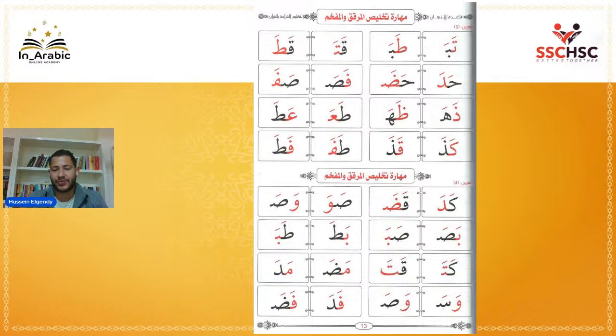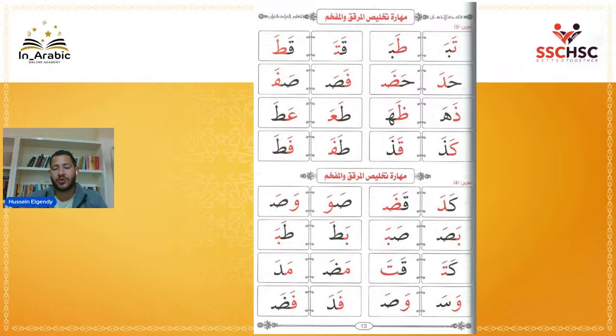So we are getting two words with the same way of pronunciation, but one of them is light, and one is heavy. Then we have sa, wa, and wa, sa. The second line is ba, sa, and sa, ba. Then ba, ta, and ta, ba, ka, ta, and ka, ta.